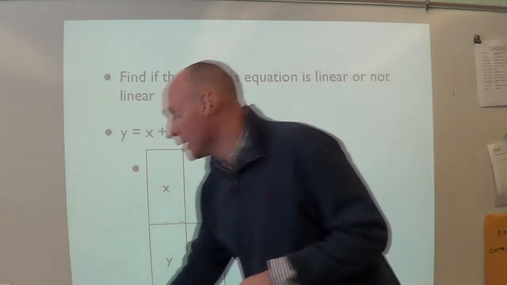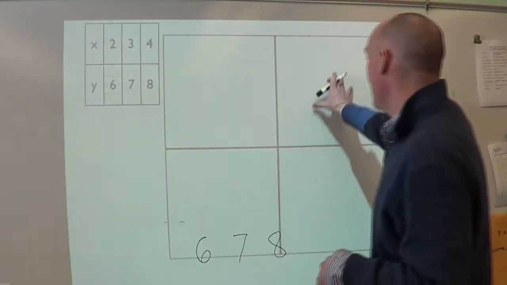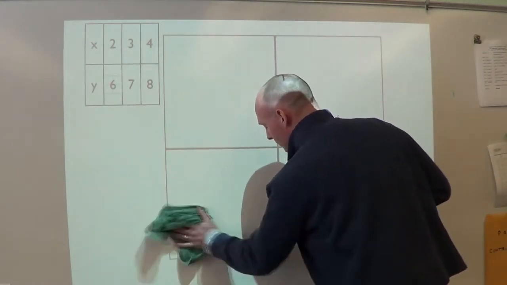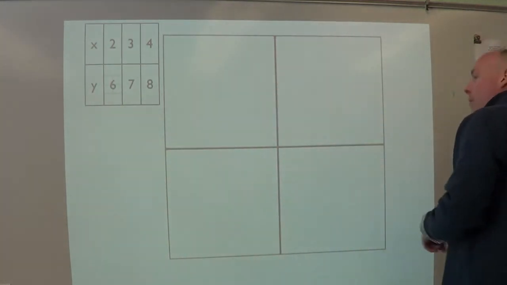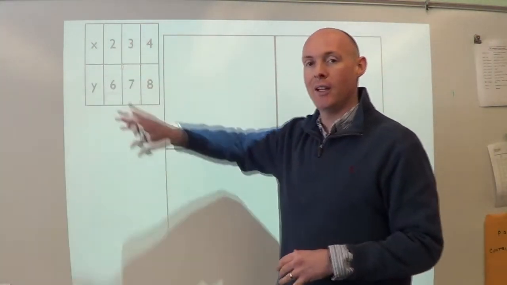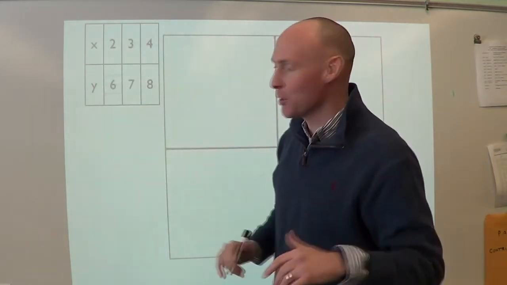Then it is linear. I've gone ahead and I've made our x and y axis here. Now let's make ordered pairs. This is just the same box that we did previously. I just put it here so we can remember what the numbers were.